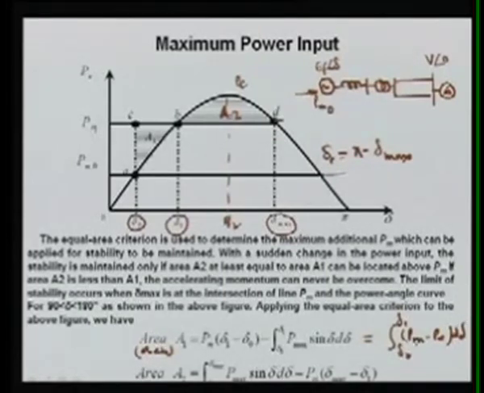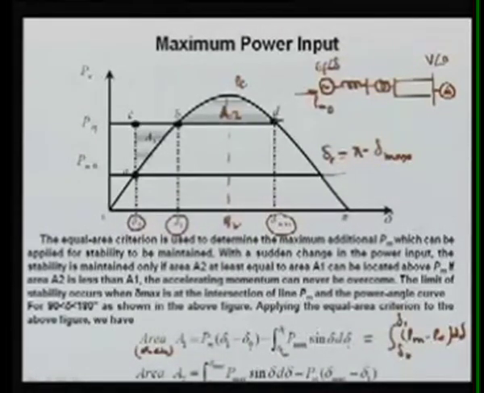PM is a constant, so we can take it outside: PM times (delta 1 minus delta naught), and another term, PE with the minus sign, integrated from delta naught to delta 1, that is P max sin delta d delta.